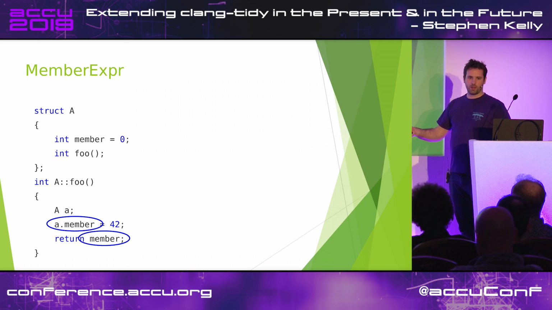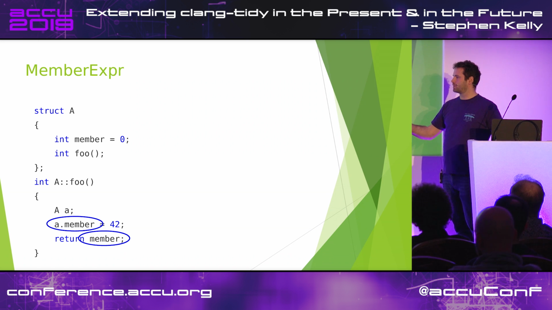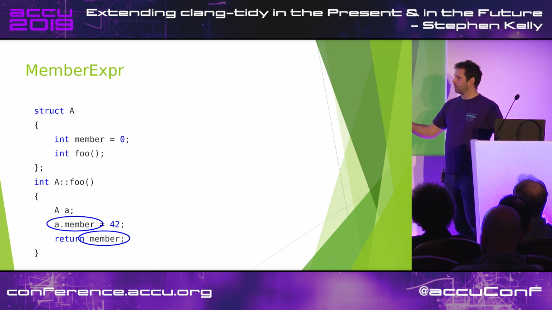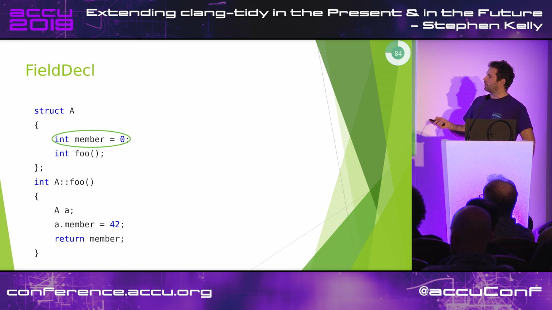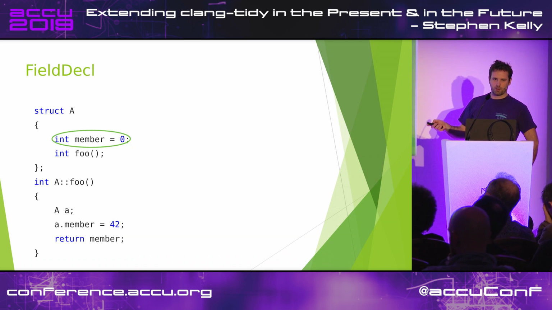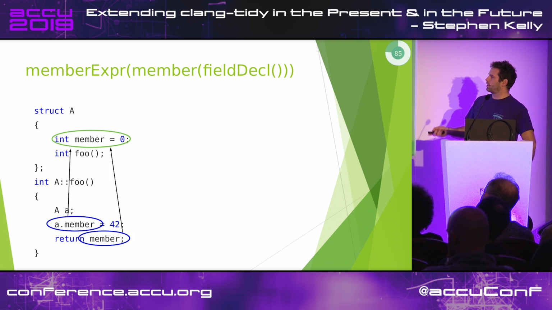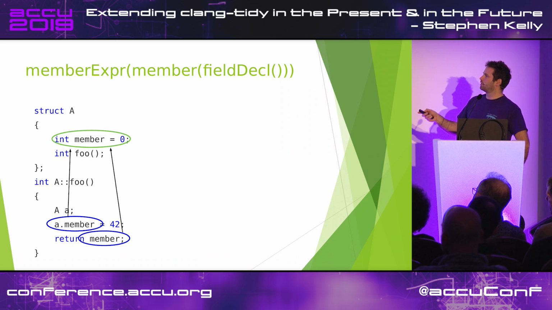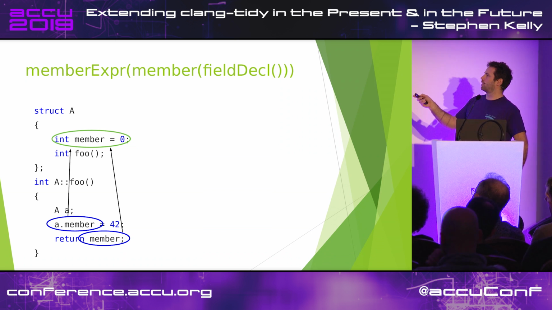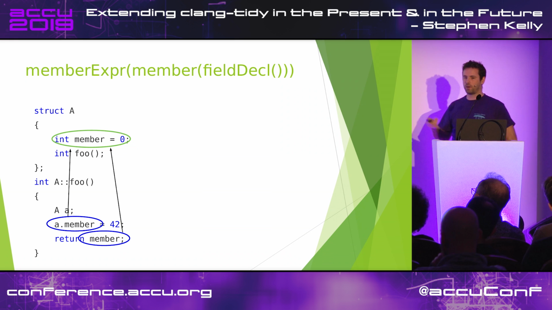One is a.member, and another is just member, where the A is implicit because foo is in A. So these are member expressions. Member data is called a field decl in the Clang AST, and the 2 are related again with member. So if I have a member expr, I can put member field decl in there and then check the type of the field decl or the name of it or anything.